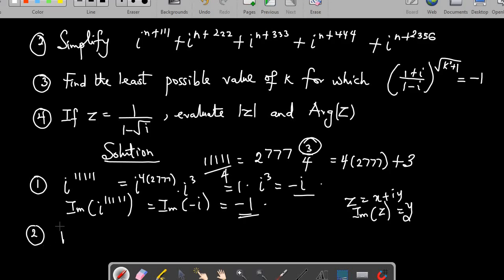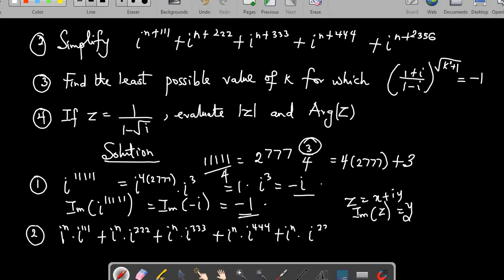Now you would have i raised to the power n times i raised to the power 111 plus i raised to the power n times i raised to the power 222 plus i raised to the power n times i raised to the power 333 plus i raised to the power n times i raised to the power 444 plus i raised to the power n times i raised to the power 2356.